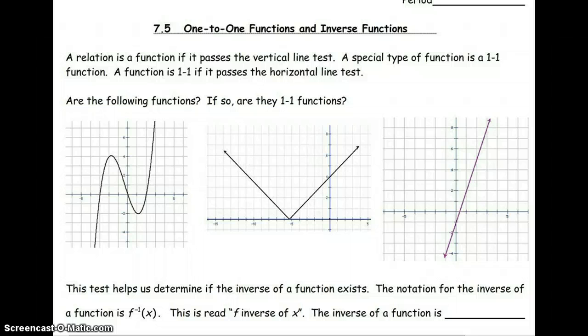So for each of these drawings here, let's answer the two questions. Do we have a function? Yes or no? And then do we have a one-to-one function after that? Look at this first curve right here. For a function, we will check the vertical line test. A vertical line would only intersect the curve at one point.